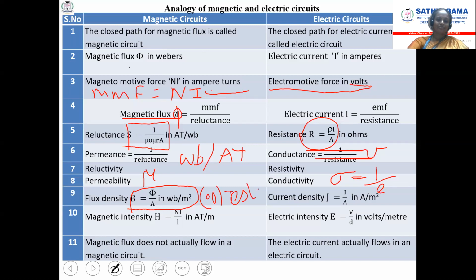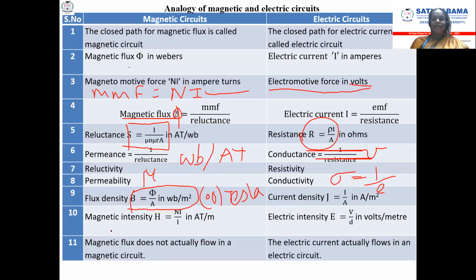Tesla. Okay, and here ampere per meter square. So the unit is ampere per meter square. Tesla had many patents in his name, the highest number of patents.